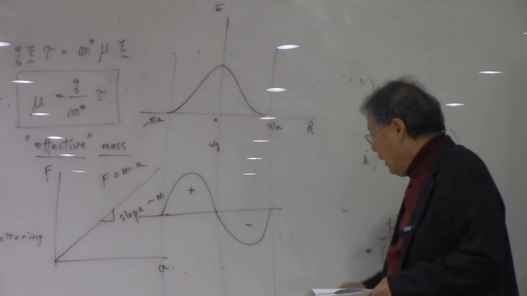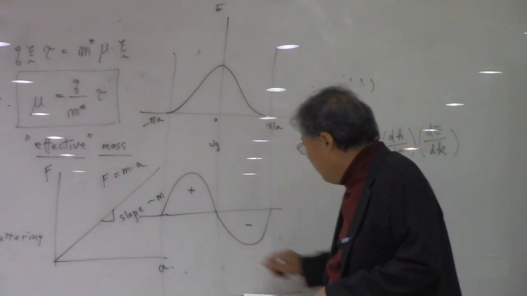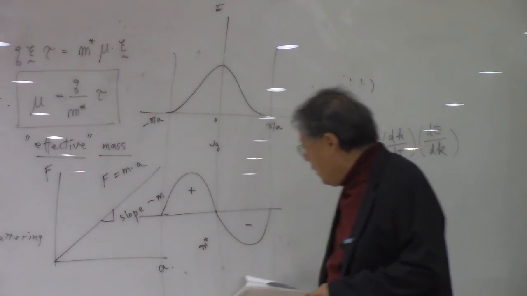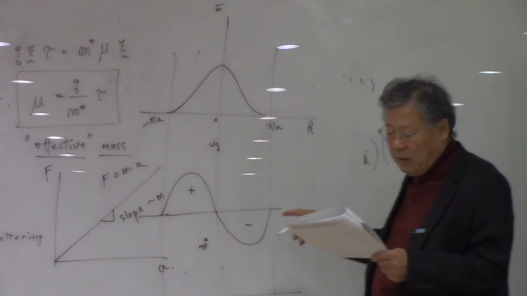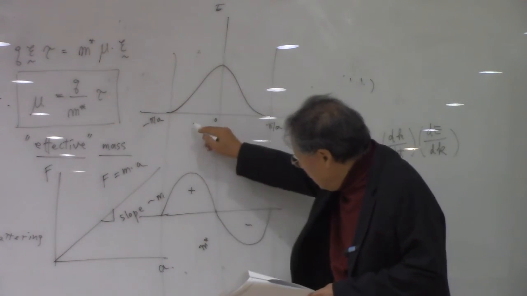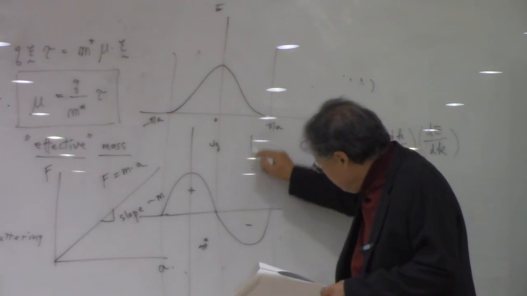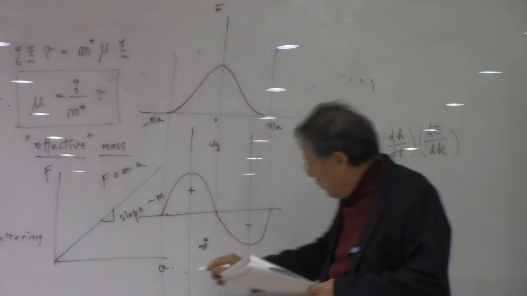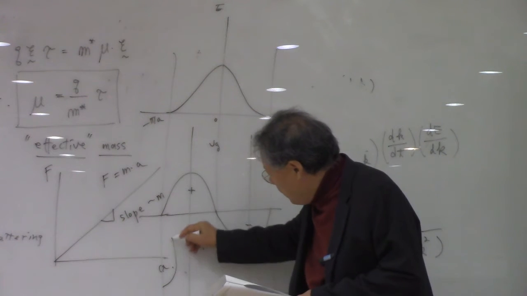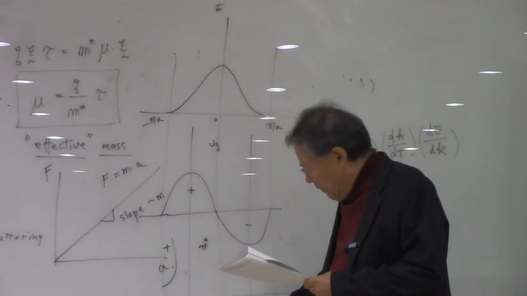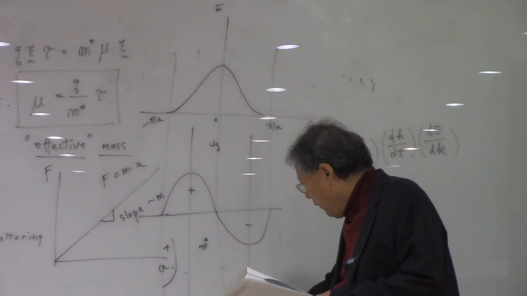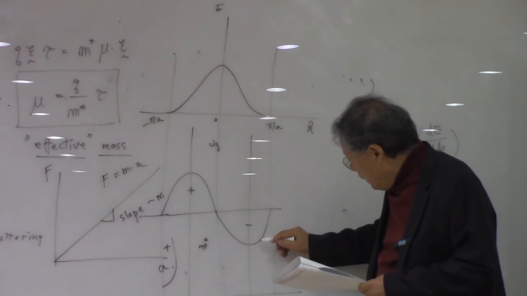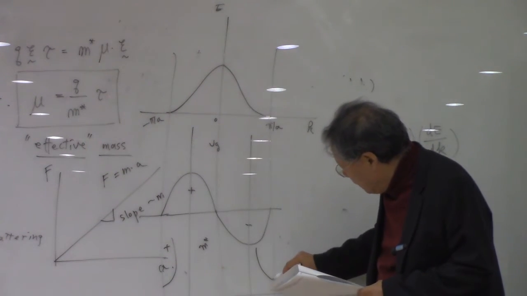Okay? And then if you plot the effective mass, that is related to the second derivative of this. So now here we have positive mass, and then here we have negative mass, and then here again positive mass.